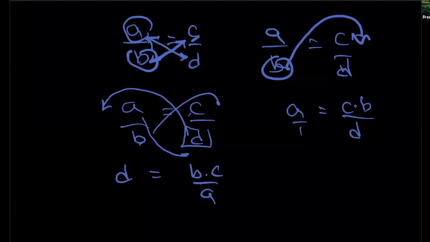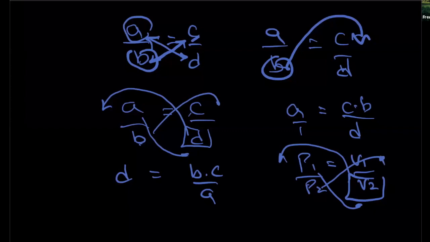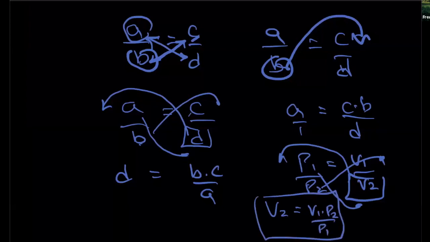So if you remember that little trick, you'll fly through the gas laws really quickly, because what you end up with is you have equations like this. P1 V1 equals P2 V2, and you need to solve for the second volume. Well, if you're going to solve for the second volume, pop V2 over here, pop P1 over here, pop P2 over here, and now what you have is V2 equals V1 times P2 all over P1. Those are the type of equations that you're going to see in gas laws.